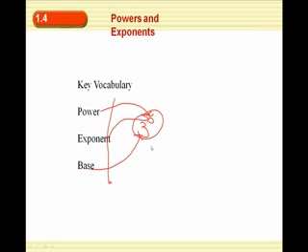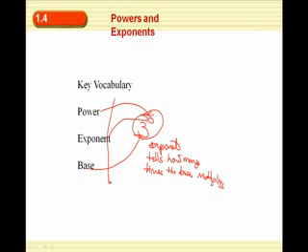So the exponent tells how many times the base multiplies times itself. Or in other words, how many factors of the base there are.